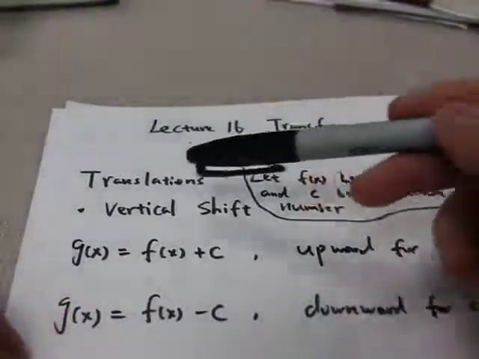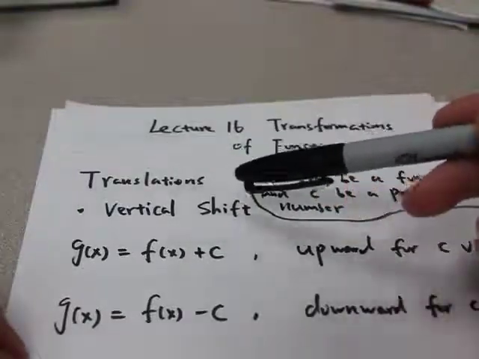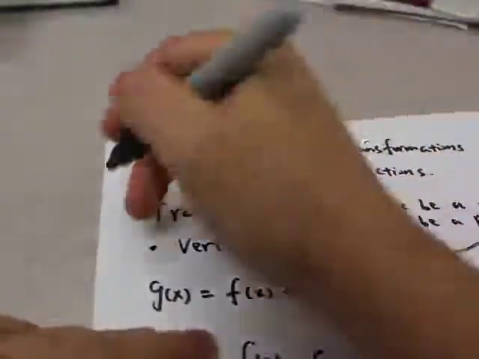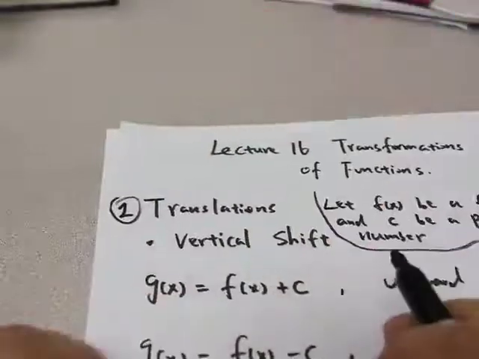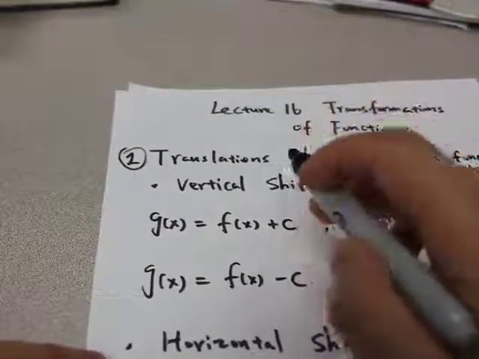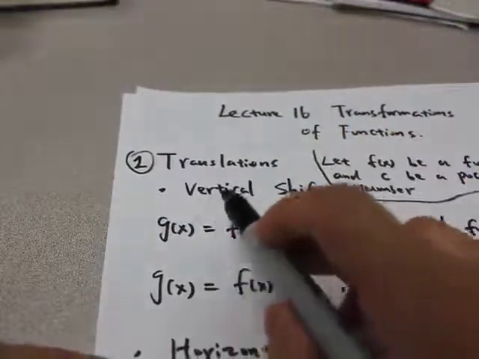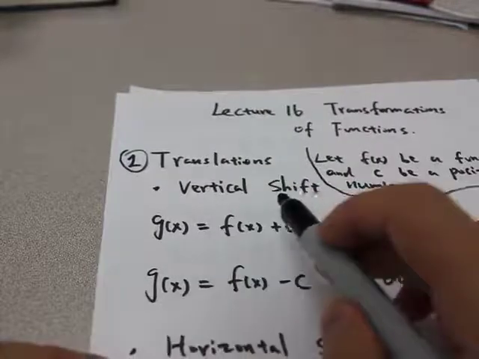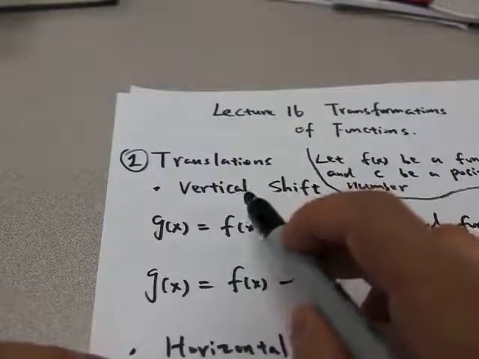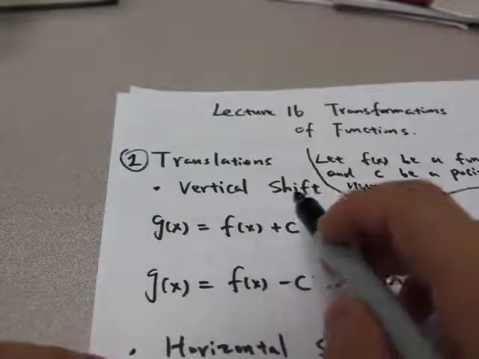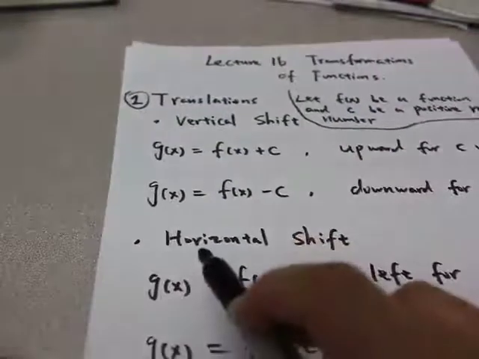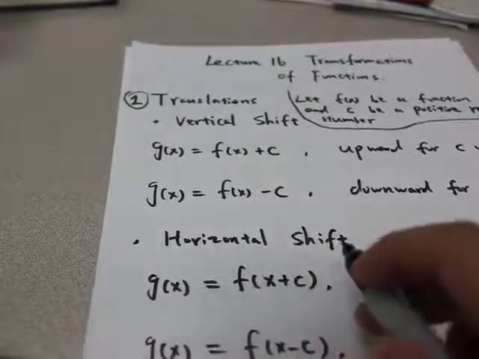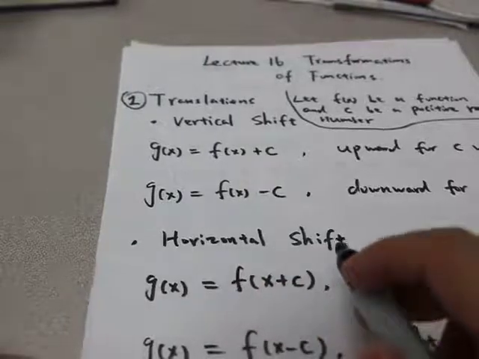The first transformation is called translations, and we have two types of translations. The first one is vertical translation, or sometimes it's called vertical shift. The second one is horizontal translation, or horizontal shift.